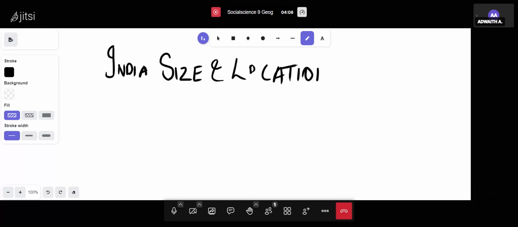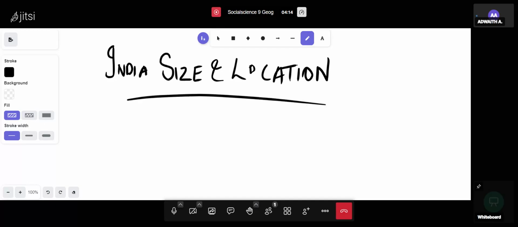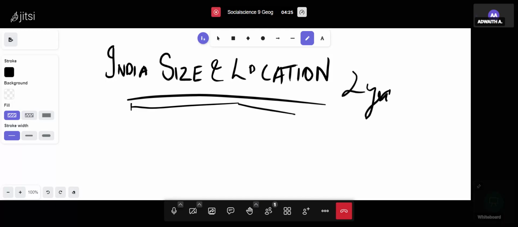I can't show you on this frame actually, so I can't properly write. So what I will do is I'll share my OneNote. It's an easy chapter. I have been teaching this chapter for more than 2 years because I just got into tuition and all.